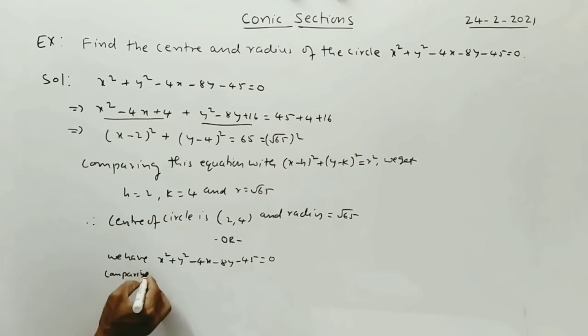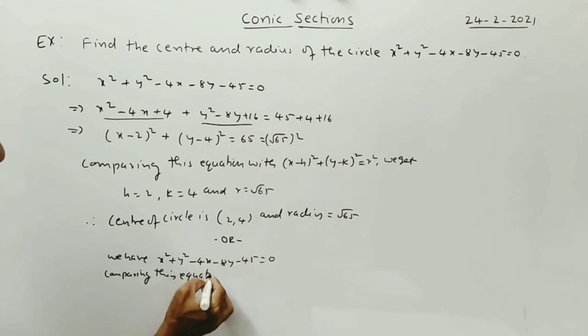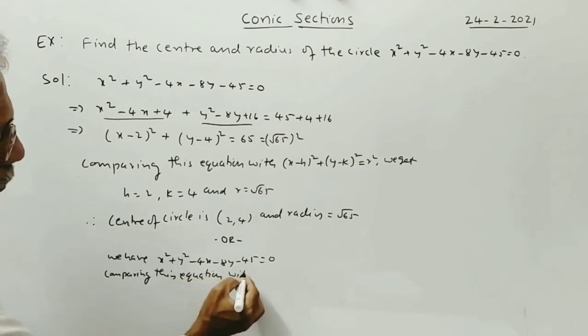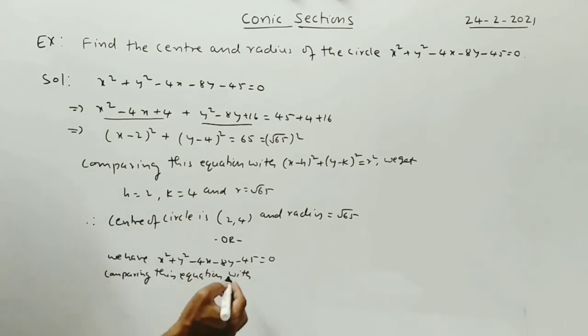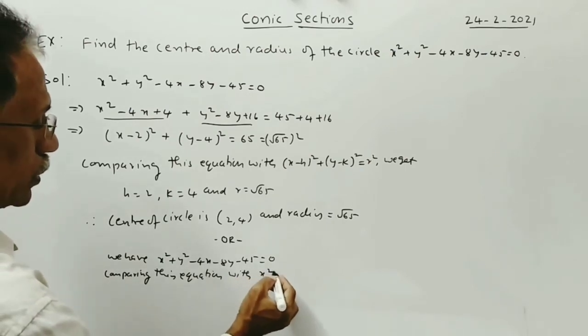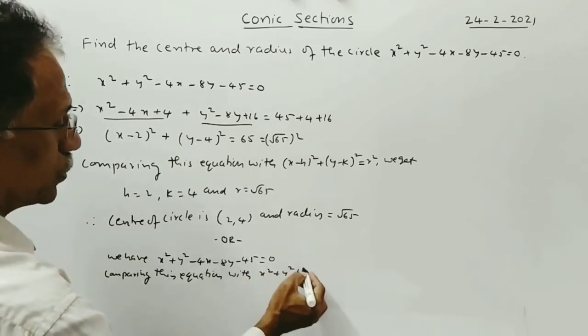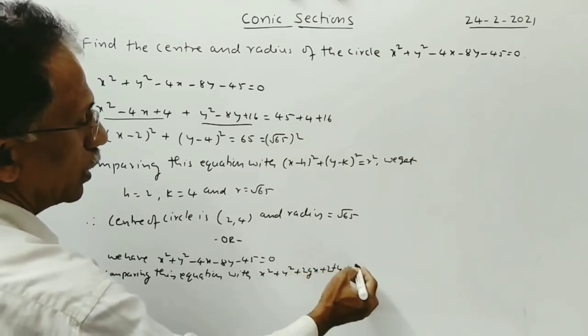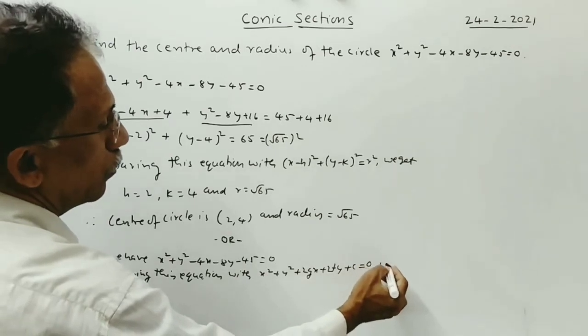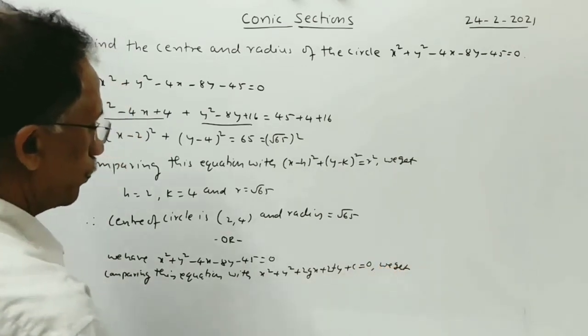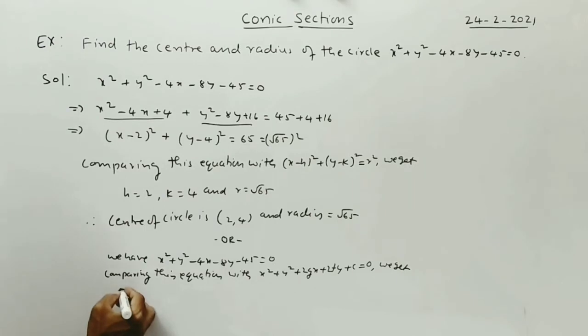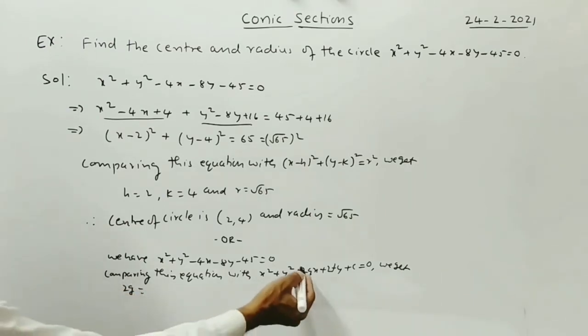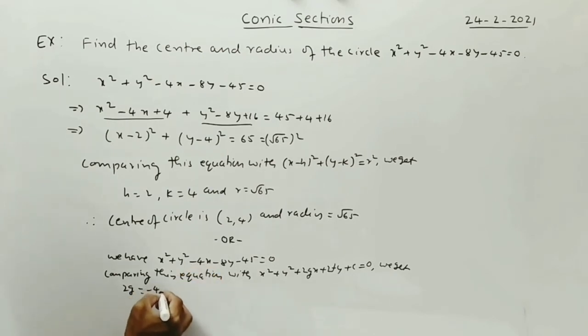Comparing this equation with x square plus y square plus 2gx plus 2fy plus c is equal to 0, we get 2g is equal to minus 4.